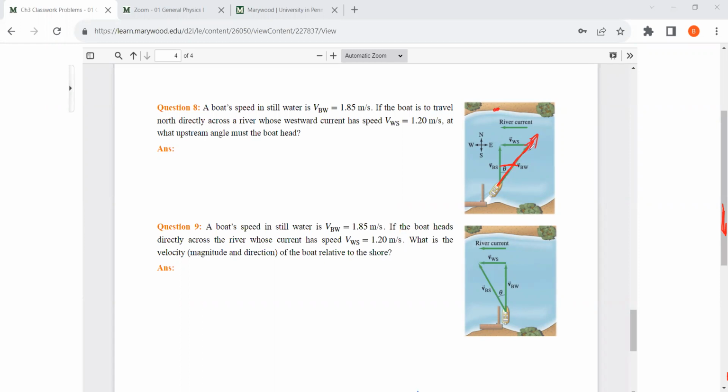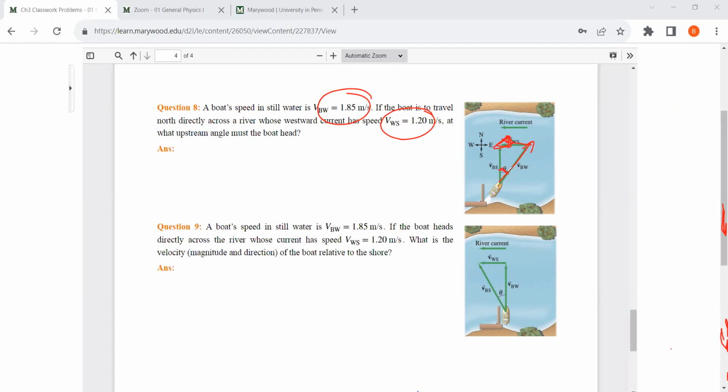It can easily be calculated because we know the magnitude of the river current, and we also know the boat's velocity. We know both, so it's easy to calculate. We basically know the magnitude of this line and the magnitude of this line, so we can calculate this angle.